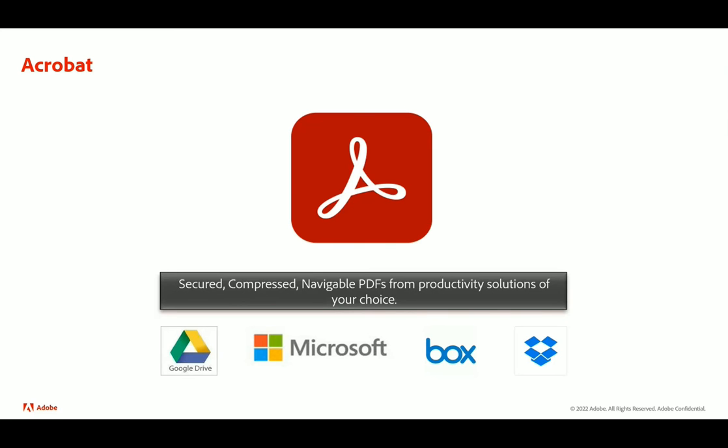So if you are designing your documents in Google Drive, Microsoft, Box, Dropbox, you can make use of Acrobat functionality within these solutions and create documents that are secured, compliant, compressed, and navigable, right?